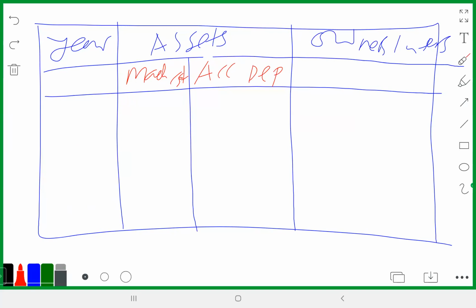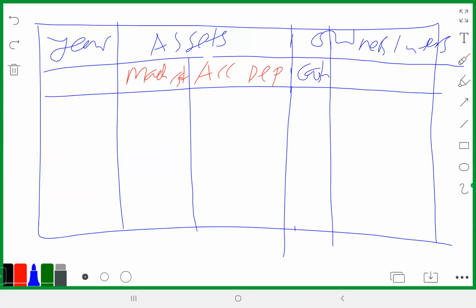Let's add another column for cash, because you're going to sell this asset for cash. Let me put the column for cash here. And the capital contributed or withdrawn, that's owner's interest.